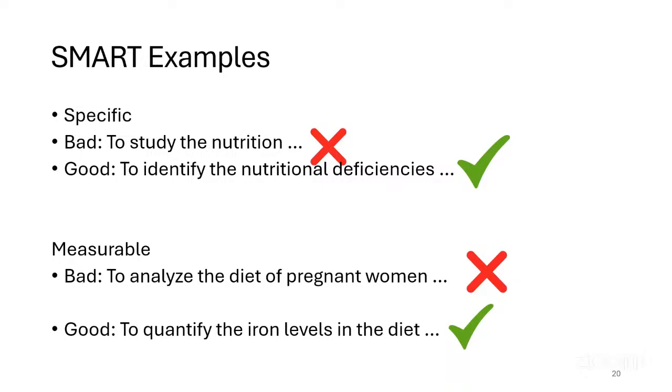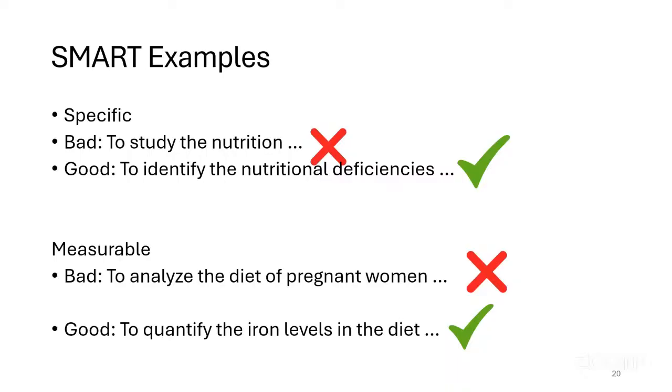Use terminologies that are easily understandable and that have meaning. Study has a very broad meaning, but when you say to identify, it shows you want to find out, you want to get something. You want to identify the nutritional deficiencies. So you're not just saying nutrition. Nutrition is broad. You have broken it down to nutritional deficiencies. So this is more specific rather than just saying to study the nutrition.